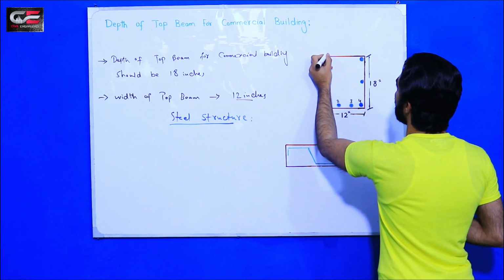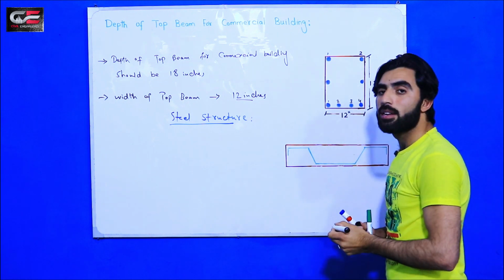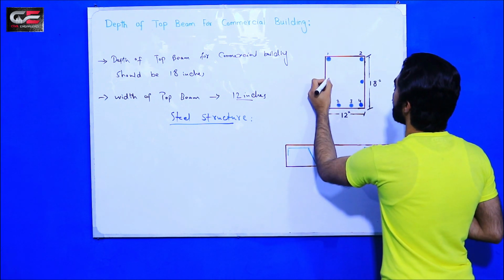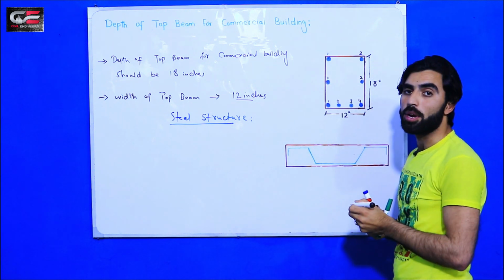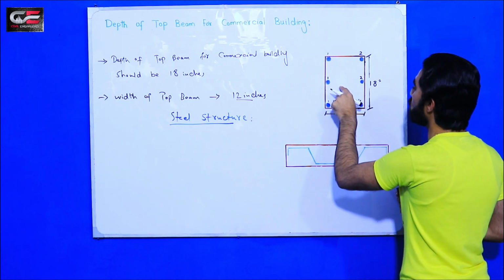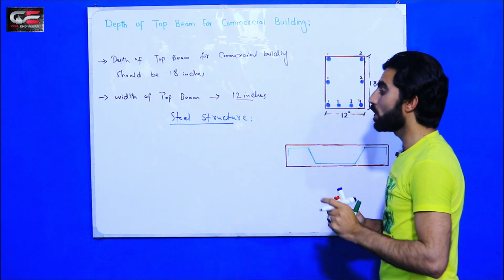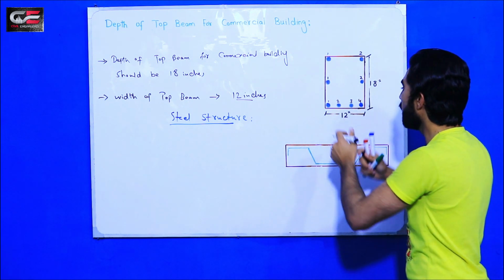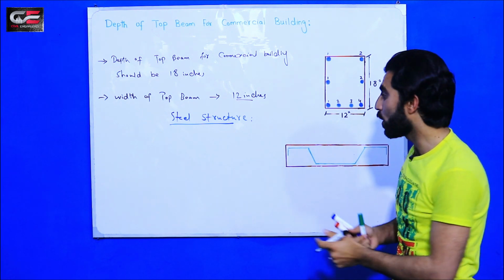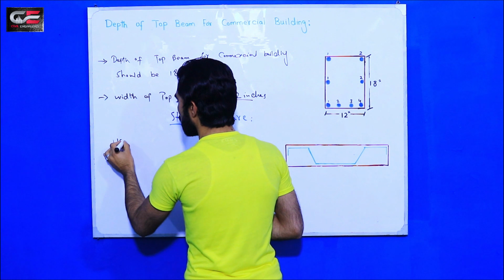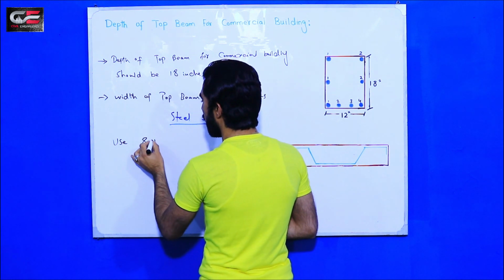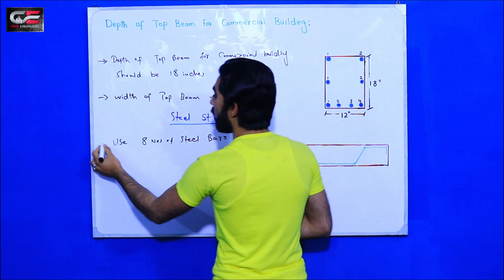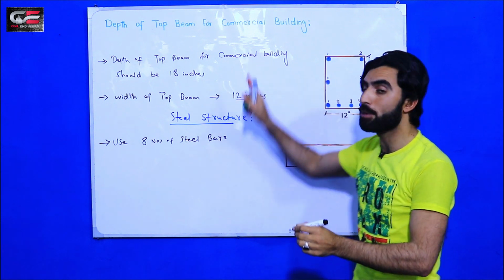And top, 2 bars we have, and 2 extra bars at the side, one this one, and this is the second one. So guys, we have total 4, 2, 2, 8 numbers. So totally we have 8 numbers of steel bars in the case of 9 inches by 12 inches size of beam. Okay, so use 8 numbers of steel bars in this beam for commercial building.